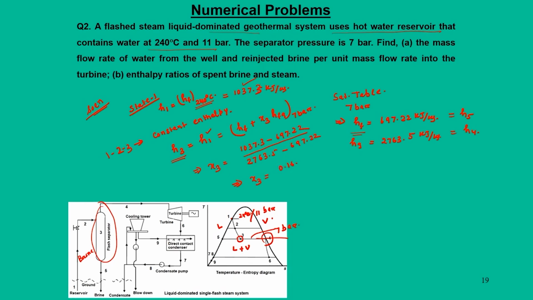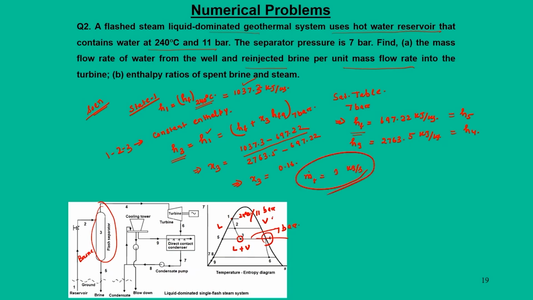So, the question asked for two parts. One is the mass flow rate of water from the well and the re-injected brine per unit mass flow rate into the turbines. So, the m dot turbine flow rate is 1 unit, let us say 1 kg per second.